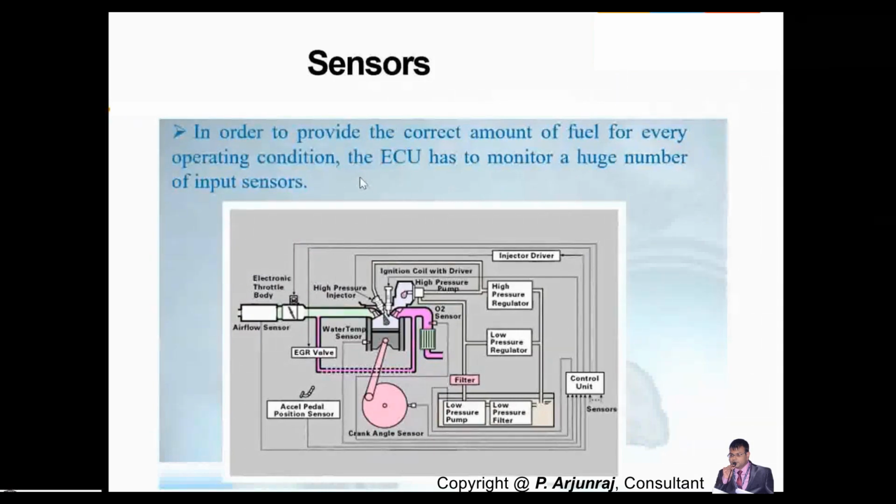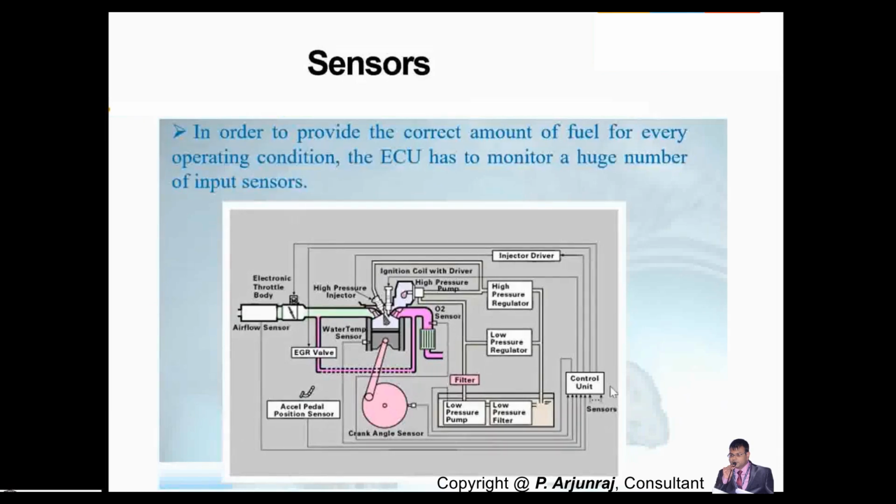So we see the sensors. We have a lot of sensors which give signals to the system. You have the airflow sensor, a water temperature sensor which senses the coolant temperature, and the oxygen sensor here.